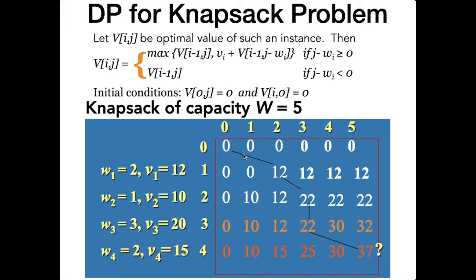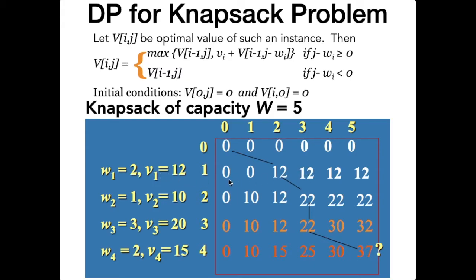Why is there an arrow here? The arrow indicates the location of this one. Okay? So, j here is 2. Our w sub i is 2. So, it looks at the cell above with capacity 0. So, the value of this is 0, maximum between 0 or 12 plus 0. So, we have 12. And then, let's move on to increasing the capacity.